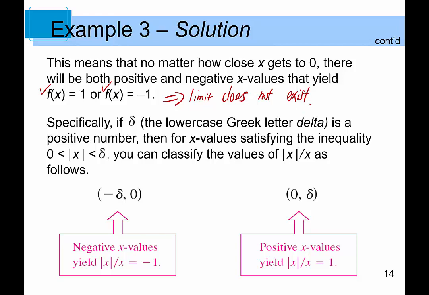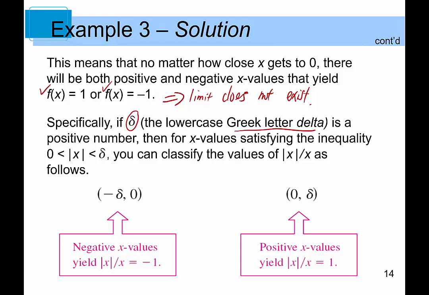Specifically, this is what they call delta. It's the Greek letter delta, and delta is a positive number. For x values satisfying the inequality 0 less than absolute value of x less than delta, you can classify the value of absolute value of x over x as follows.